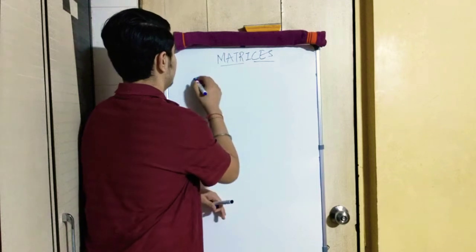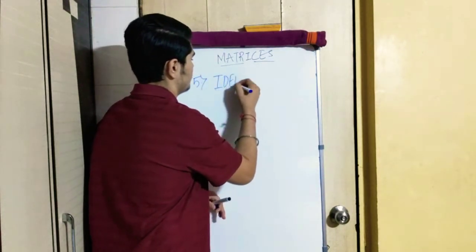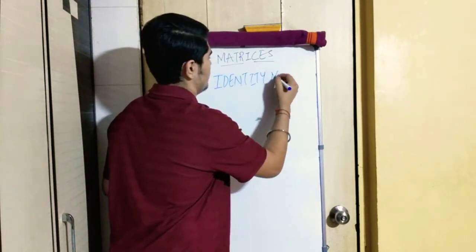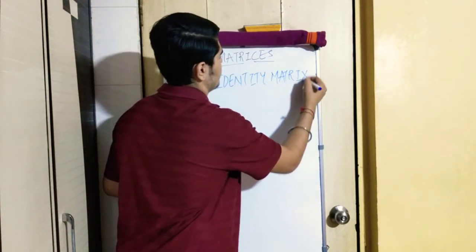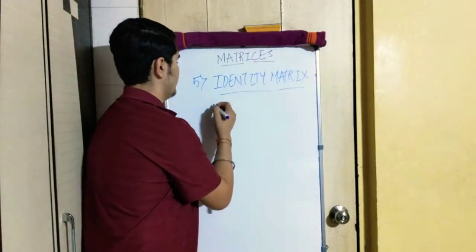And the fifth and last type of matrix is the identity matrix.